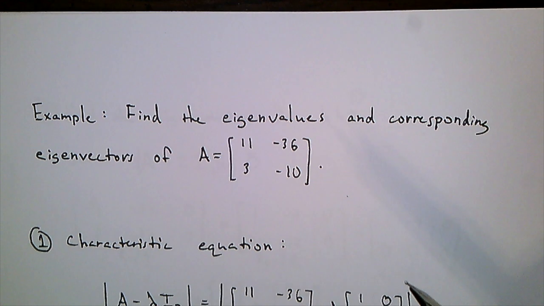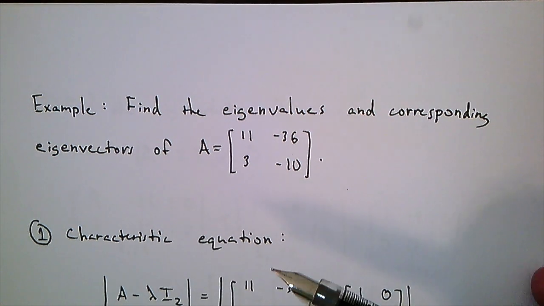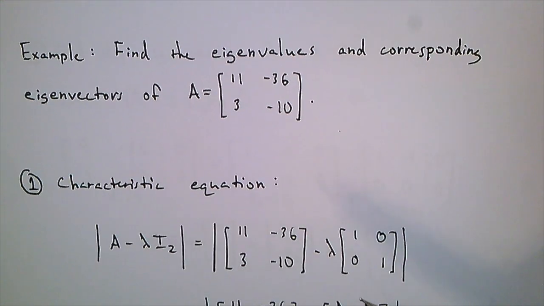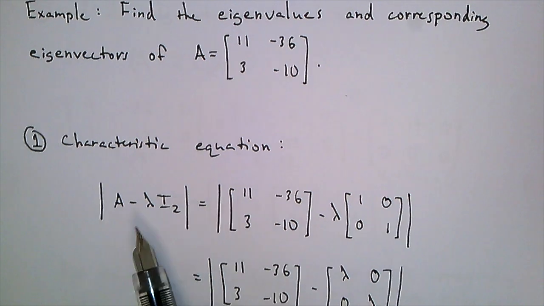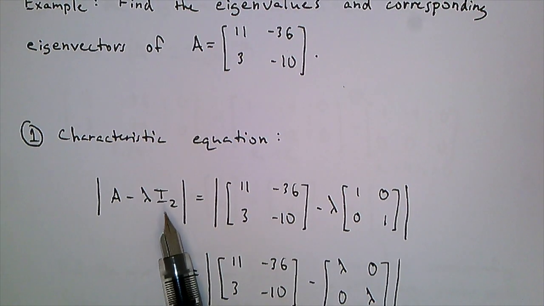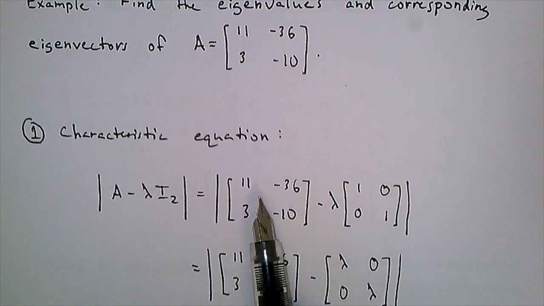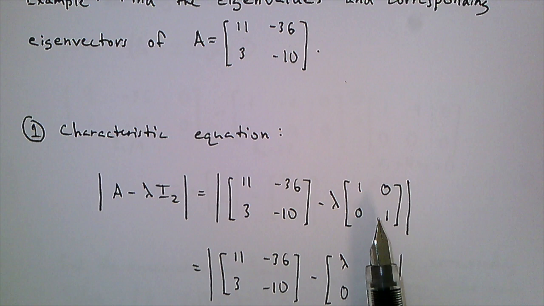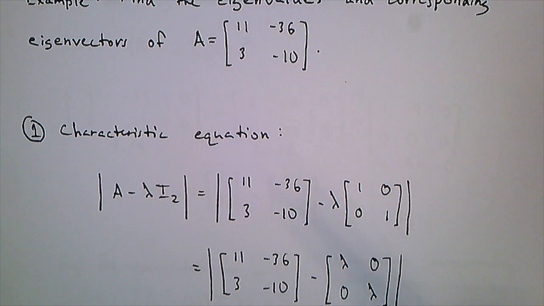So we'll work through our strategy first by solving the characteristic equation. So let's work out that determinant, A minus lambda I, and since we have a 2 by 2, we'll have an I_2 matrix. So here's A, and there's the 2 by 2 identity matrix.